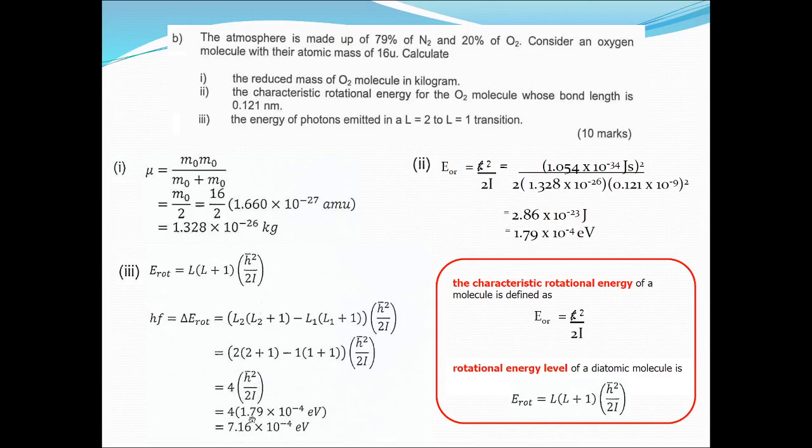So you just substitute the value of h bar here, squared, don't forget this one, divided by 2I. So you get the answer in 7.16 times 10 power of negative 4 electron volt.